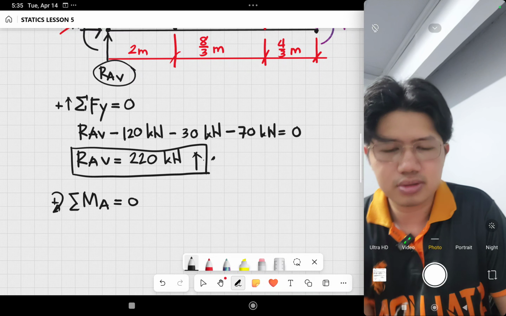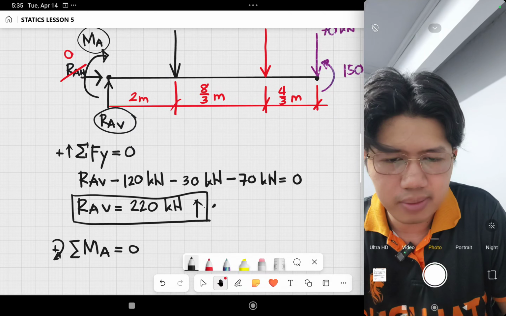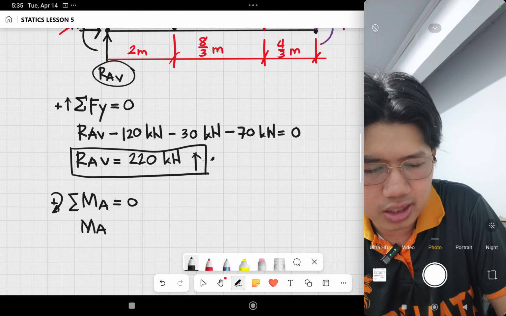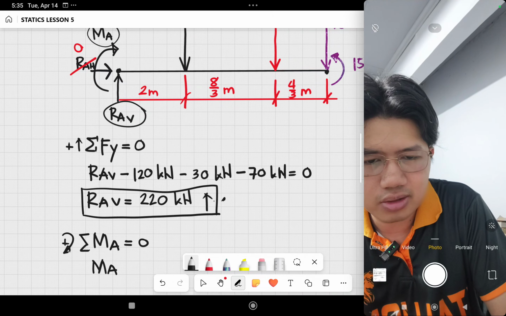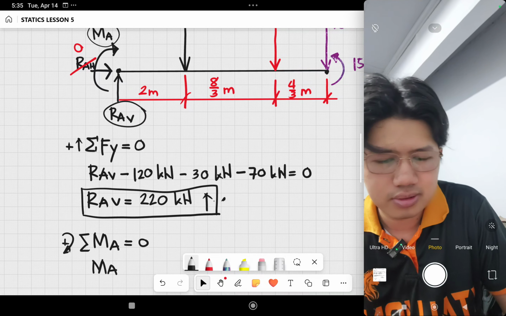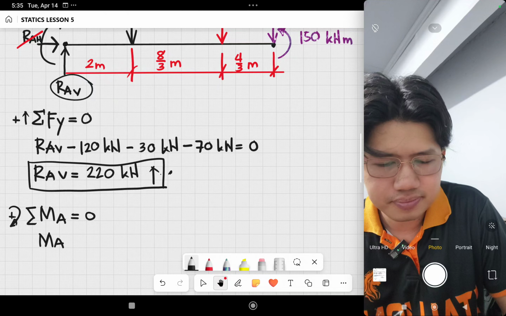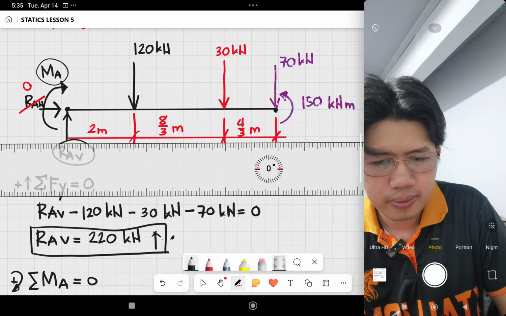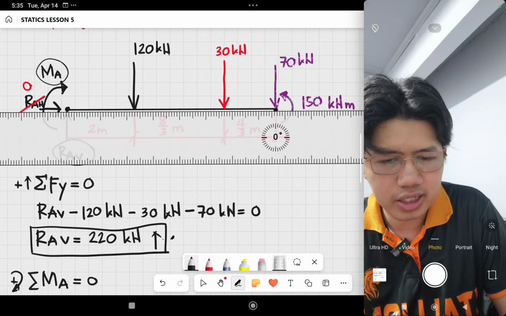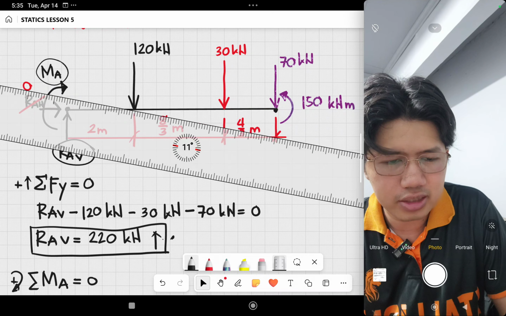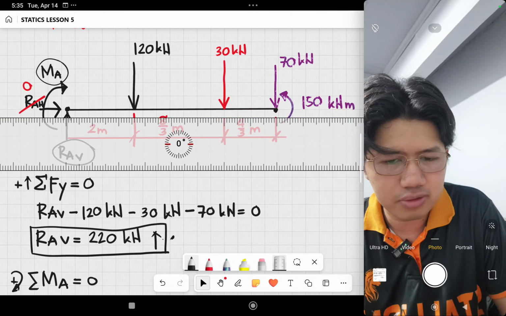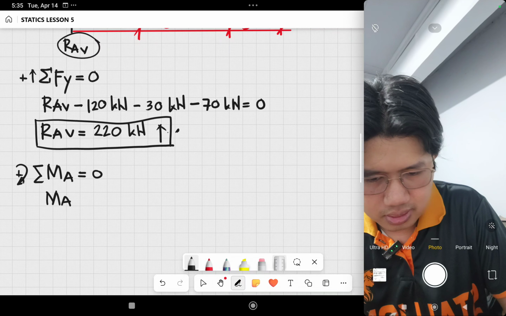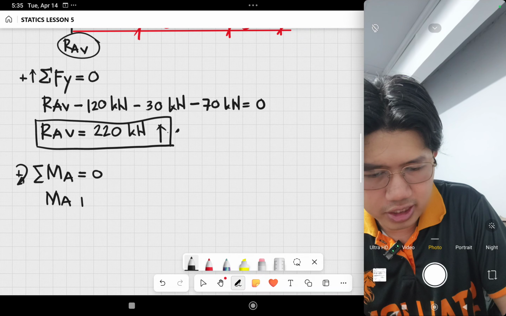Okay? So, let's solve. So, MA, inassume ko siya as clockwise. And then, si 120, yung moment niya about A, kung hahawakan ko yung ruler sa A, so susundin ko yung direction ni 120, it will rotate the beam at point A in a clockwise manner.